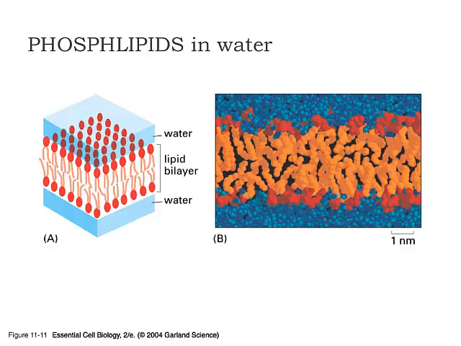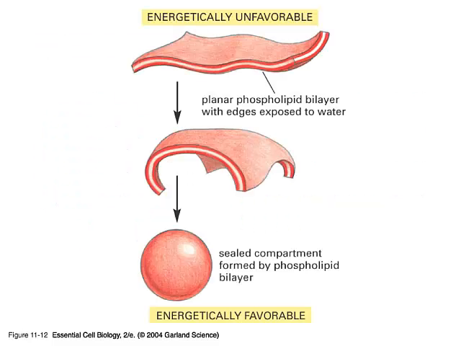Now, even further than that, if we had a plane of phospholipids, there would still be exposure of those tails along the edge to water. Okay? But that's an unfavorable condition because being nonpolar, there's no way for these tails to interact with water. So they really naturally move away from it. So what naturally happens is that a sealed compartment forms.